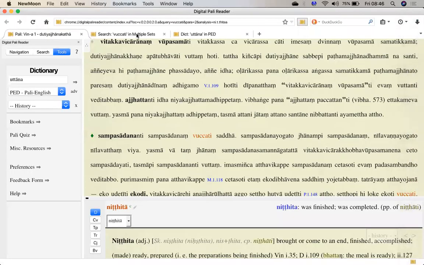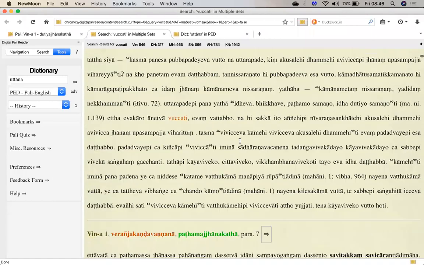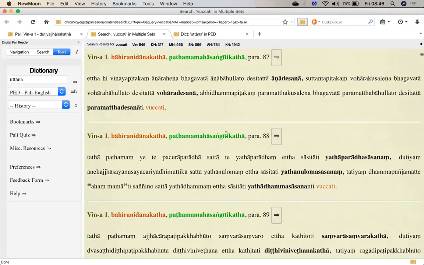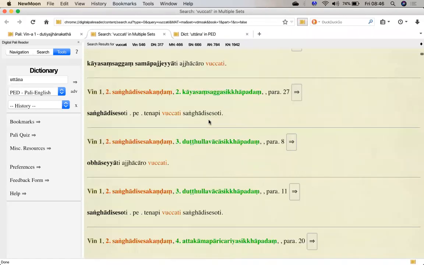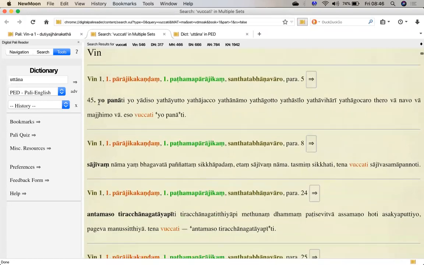Okay, in the. So here you see, before iso means not exactly refers to the yobana. Iso means formal expression.